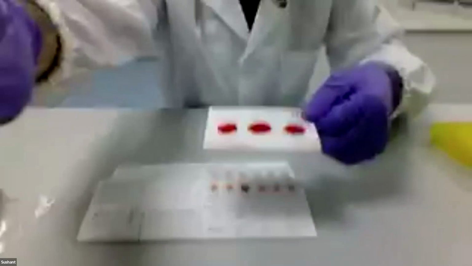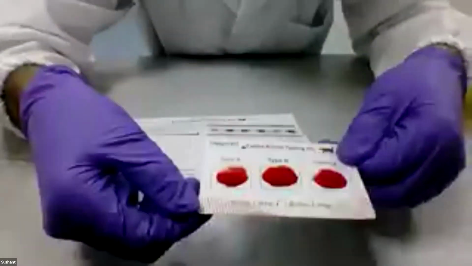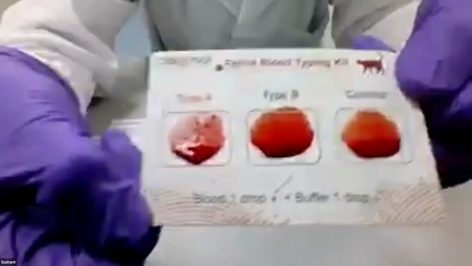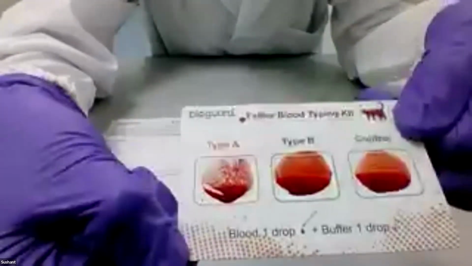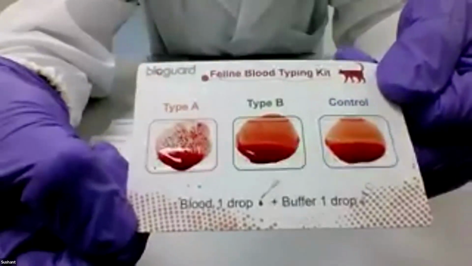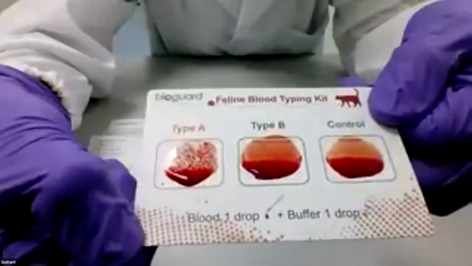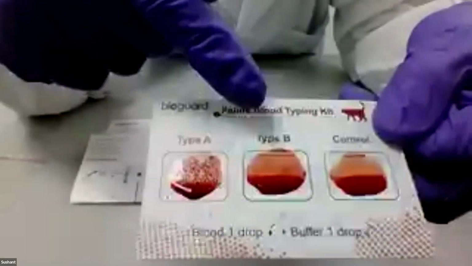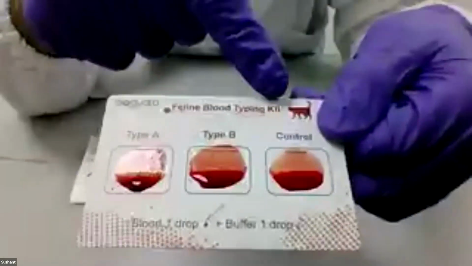If you come closer, you can see the reaction very clearly. The agglutination reaction happened in the first one, which is type A over here, and type B is clean and control is also clean.